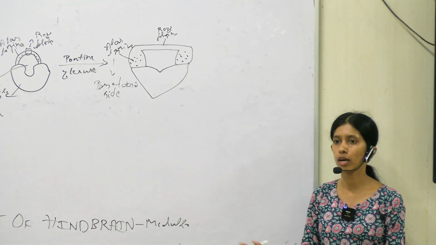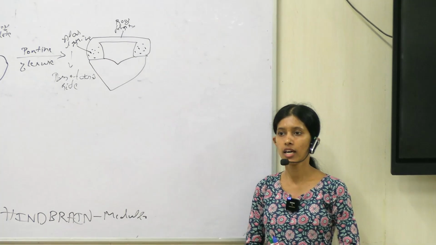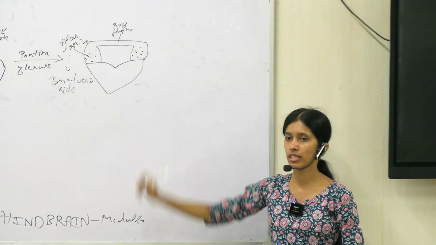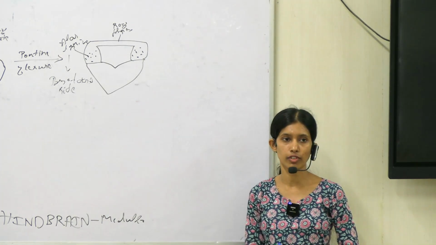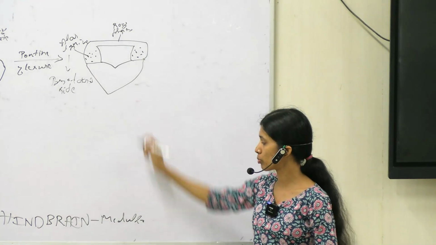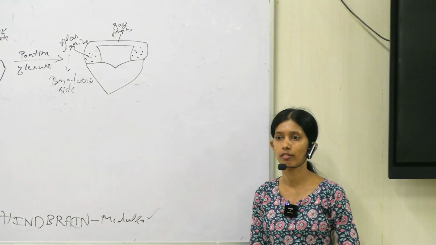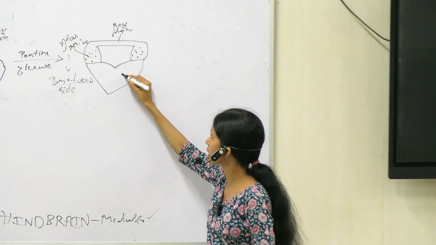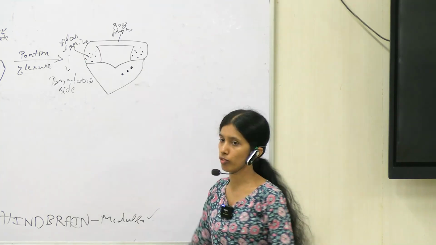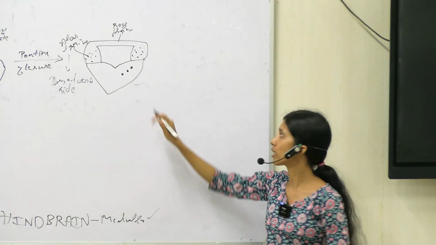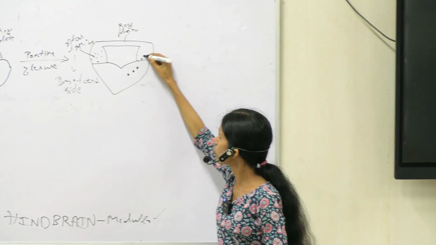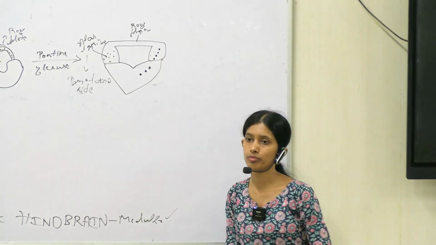So in the alar lamina region we can see the efferent columns, and in the basal lamina region we can see the afferent columns. So in the development of your medulla oblongata, in the basal region we can see 3 sets of columns, whereas in the alar lamina region we can see 4 sets of columns.